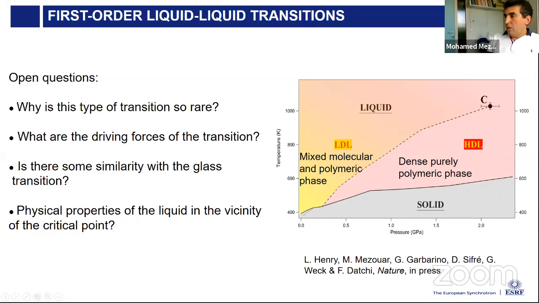Finally, since we determined this critical point, what are the physical properties of the liquid in the vicinity of the critical point? What are, for instance, the critical exponents for this kind of transition? Do they compare well with the case of normal liquids, such as the gas-liquid transition in water, for example? So all kinds of information could be extracted in the vicinity of this point.